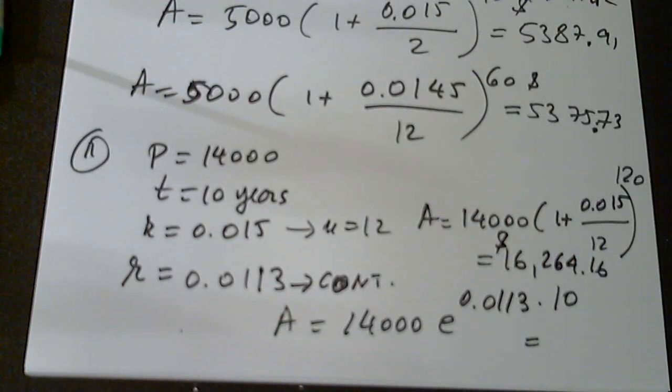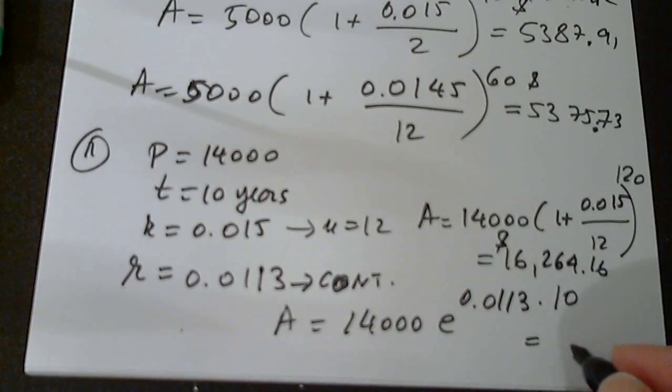Now the continuously compounding interest, 14,000 times e, careful, I prefer parentheses, 0.0113 times 10, close the parenthesis, enter.